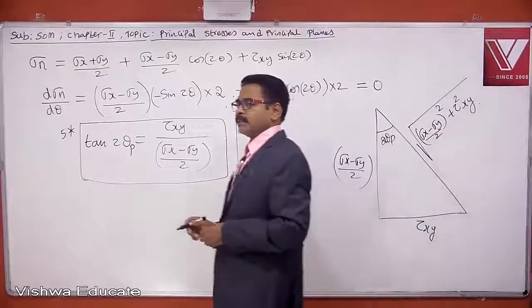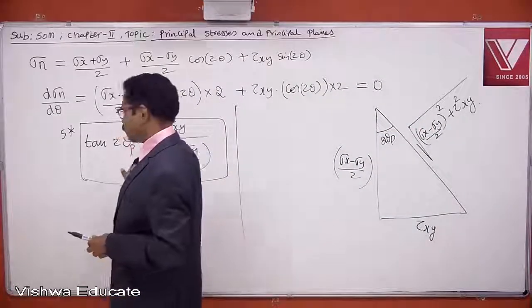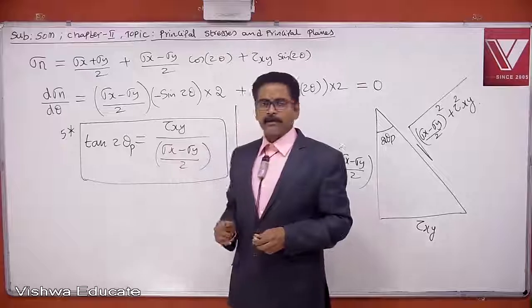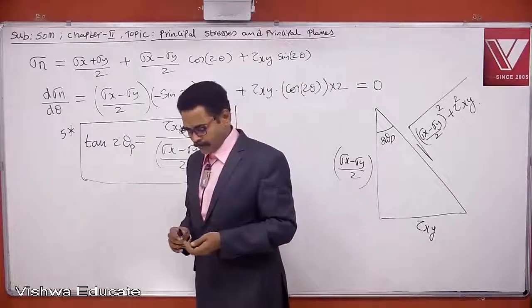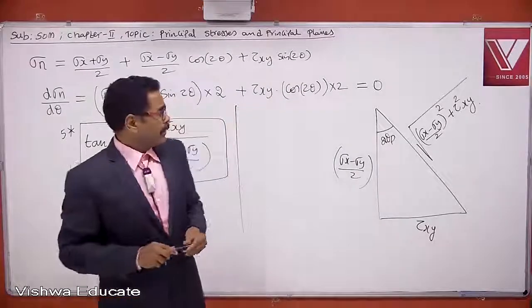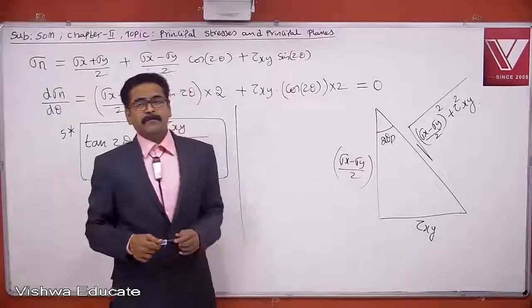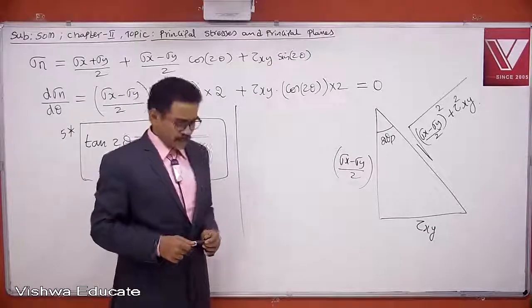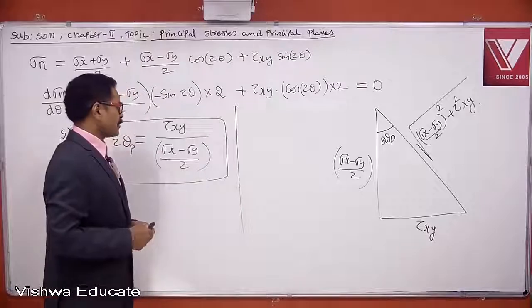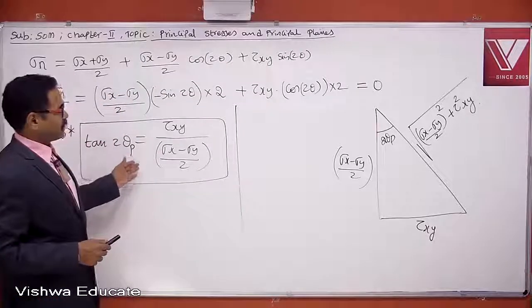So please copy this triangle. From this equation, we have drawn one right angle triangle. This is called the principal plane triangle, because I have drawn the triangle from this equation only.